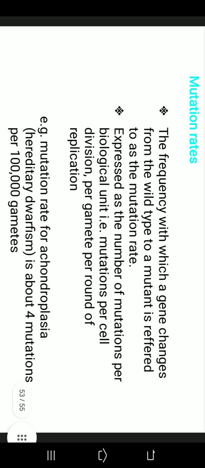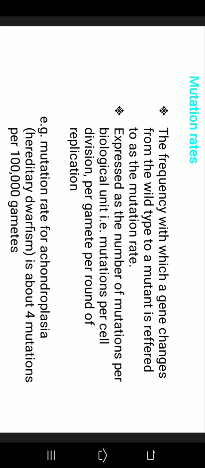Mutation rate: the frequency with which a gene changes from the wild type to a mutant is referred to as the mutation rate, expressed as the number of mutations per biological unit, such as mutations per cell division or per gamete per round of replication.